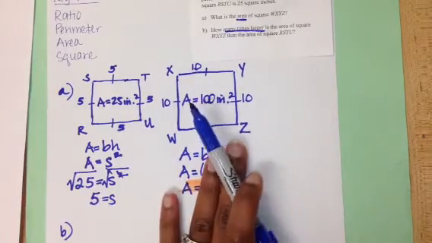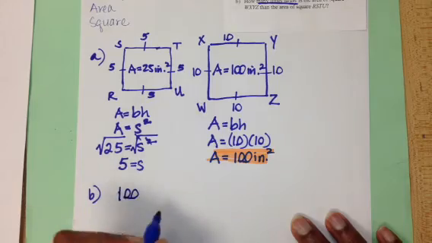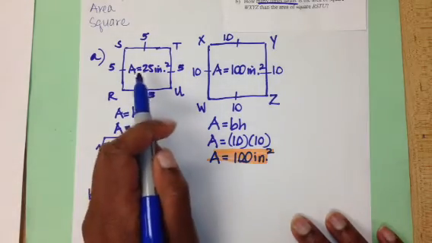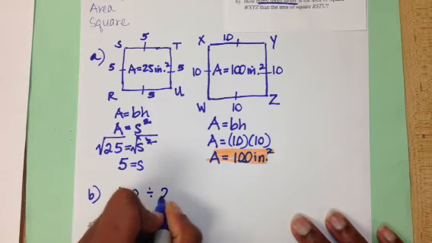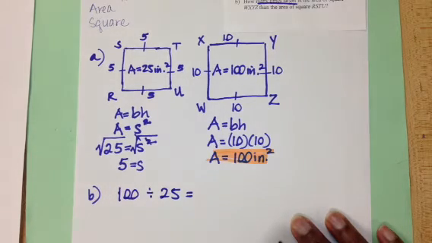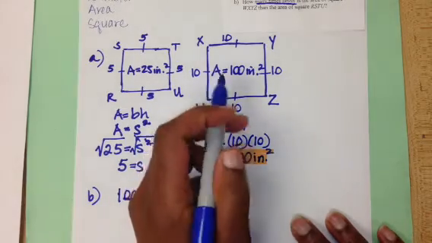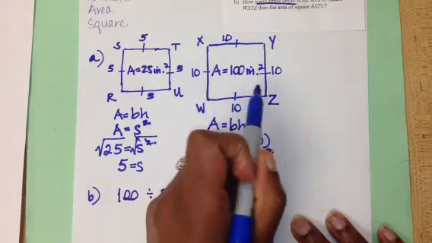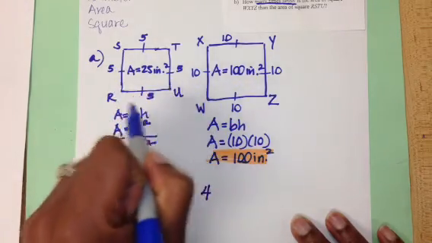So I'm taking my 100 inches squared and dividing that by the area of RSTU, which is 25. If I take 100 and divide that by 25, I get 4. That means that WXYZ is 4 times as large as RSTU.